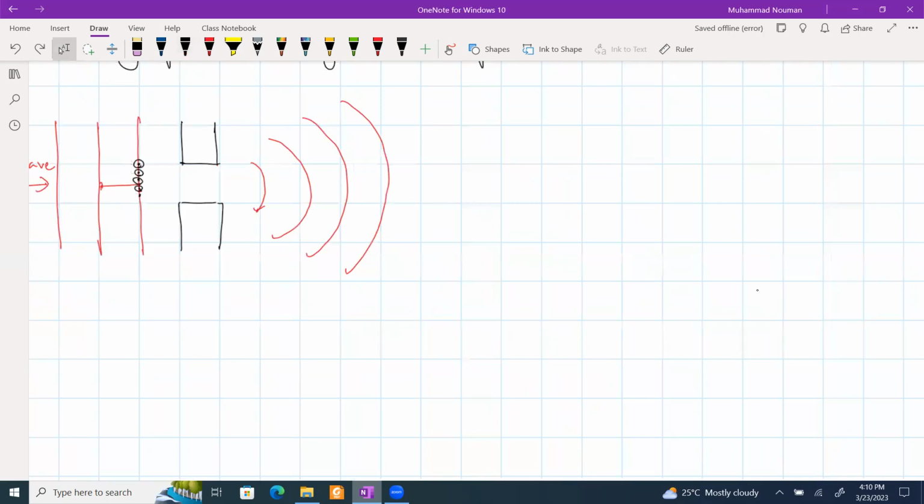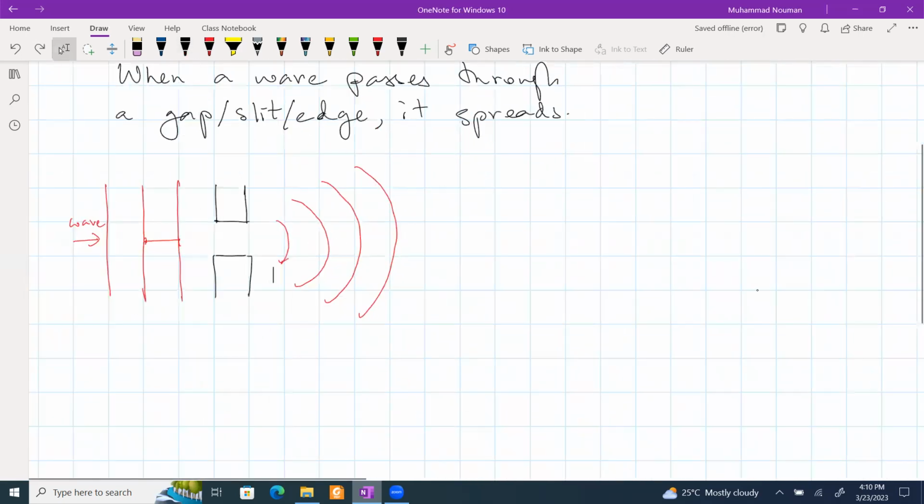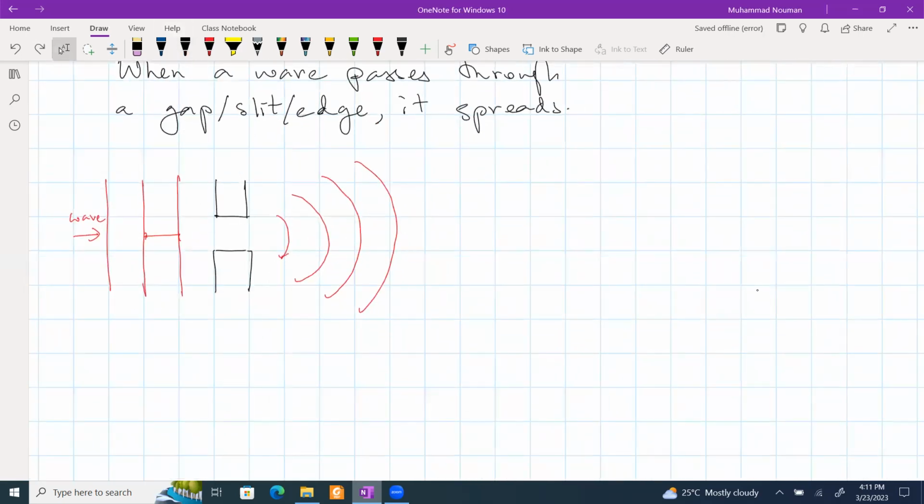So let's proceed. And this is only a gap. Now I'm going to draw another gap, and another wave is passing through the gap. For example, the gap now is quite wide, and the wavelengths are quite short.